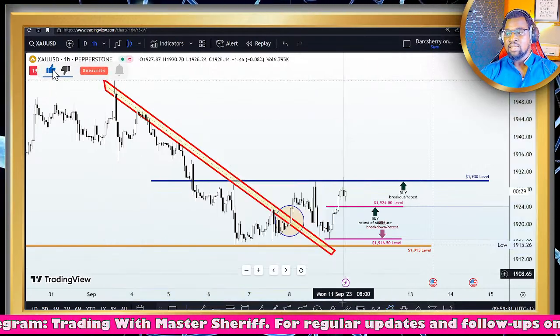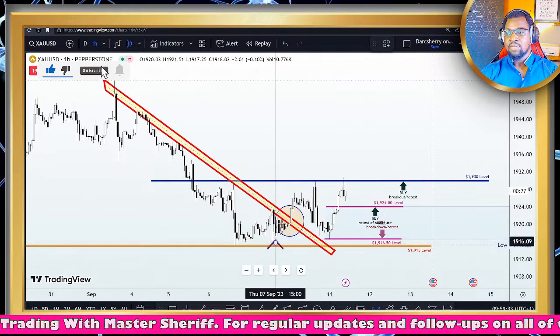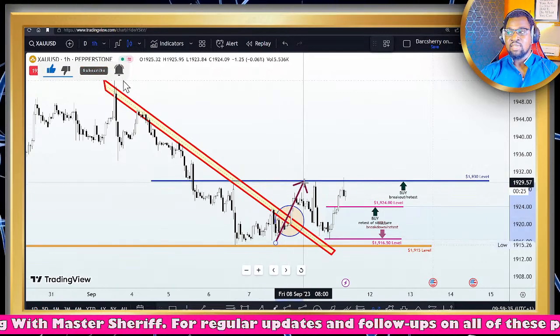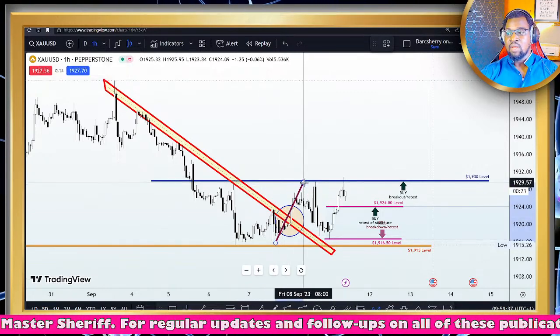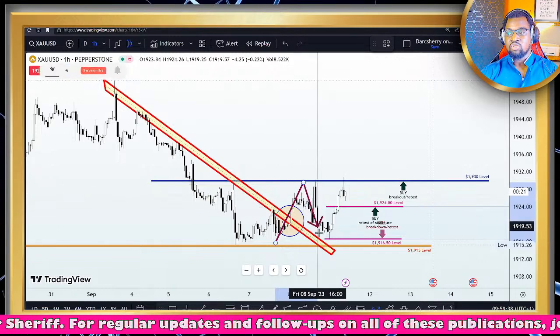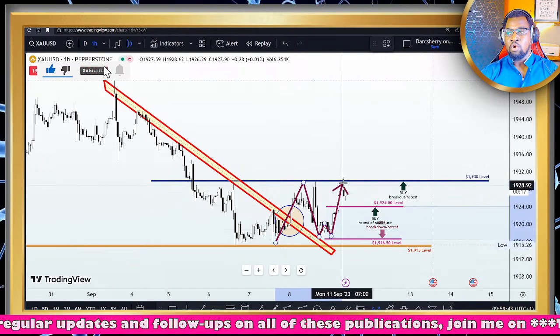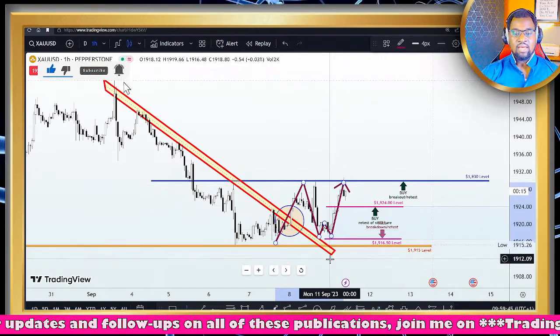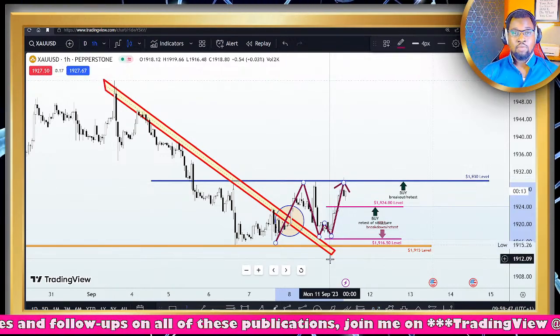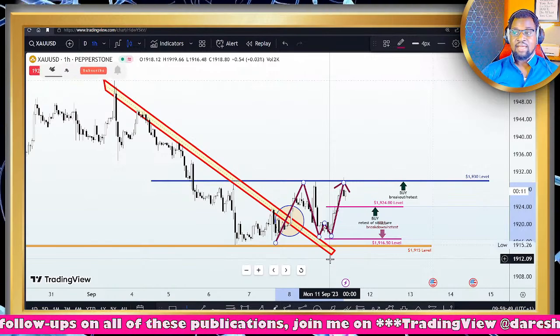Price got into the 1,930 on Friday, came back into the structure. We had something like a retest of the trend line before this week. We saw this interesting and strong bullish signal in the market.